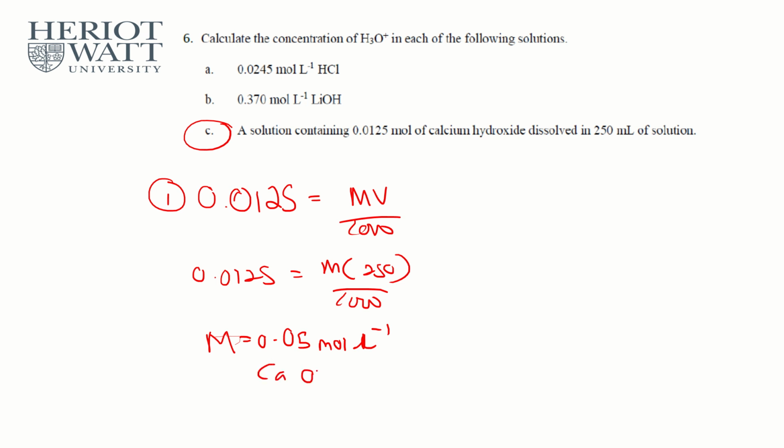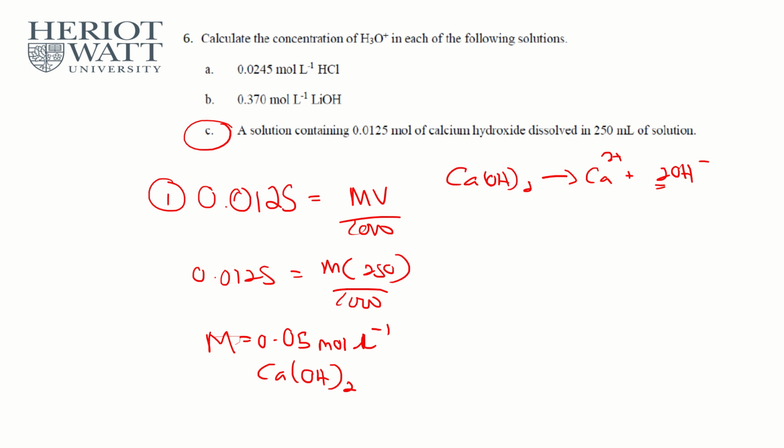The formula is, see that? Now this is not the answer because this is just the concentration of calcium hydroxide. And what is the concentration of hydroxide? Then we have to write the equations. Calcium hydroxide dissociates in water. You get calcium plus 2 hydroxide ions. See that? It's 2 here.